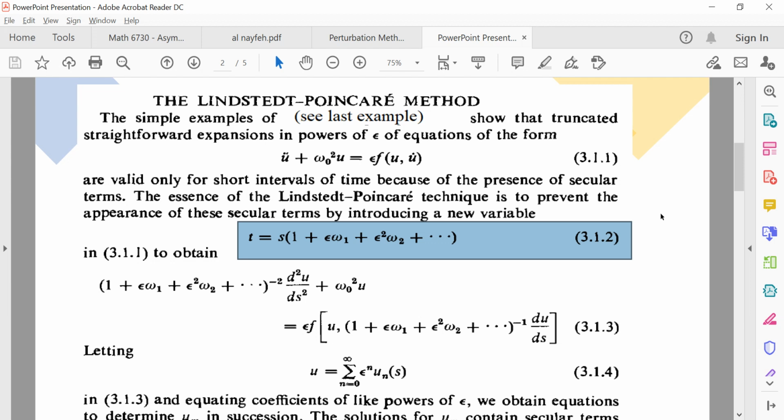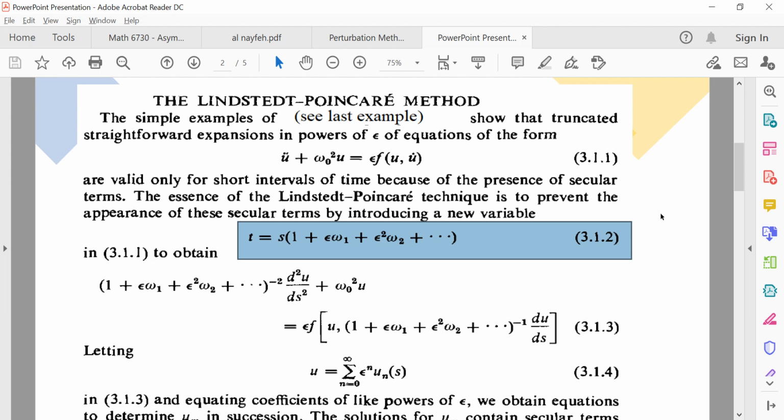Here I have used the parameter s; in the book it was s, but you can also use tau, that doesn't make any difference. So t is equal to s into 1 plus epsilon omega 1 plus epsilon power 2 omega 2 and so on. This is equation 3.1.2.